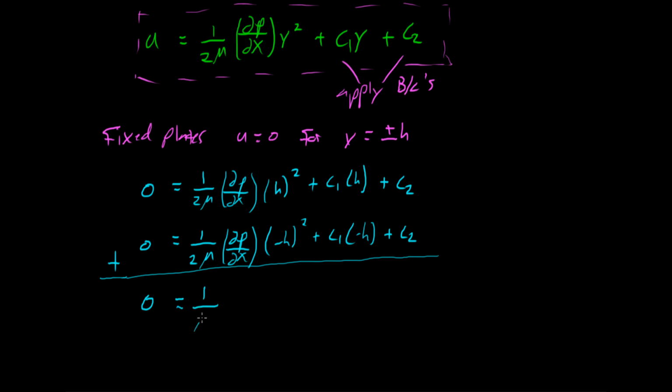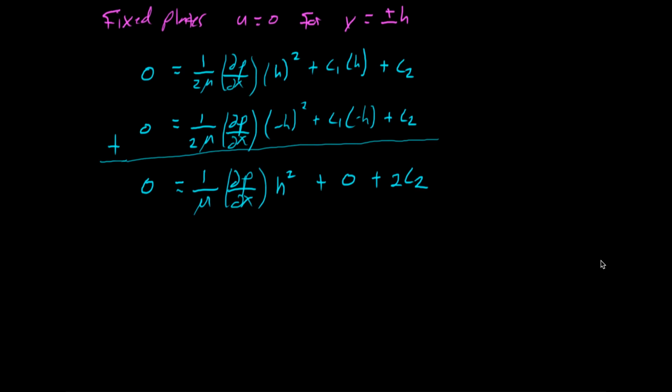So we got 1 over mu dp dx times h squared. The second term, we get a plus h and a minus h when we add those together, so that's a 0. And then the third term here is just going to give us 2c2. And so we can solve that and discover that c2 is equal to minus 1 over 2 mu dp dx times h squared. So that gets us one of our constants.